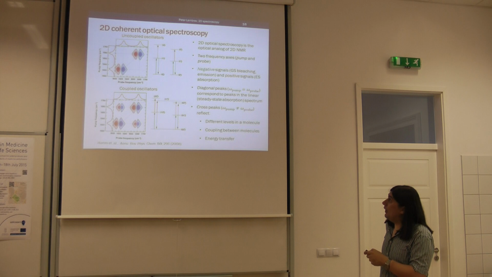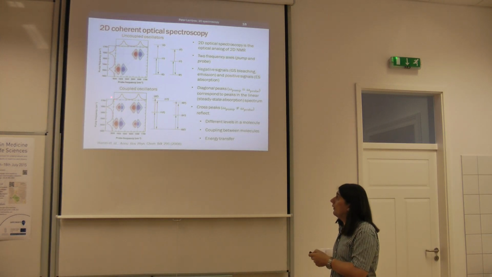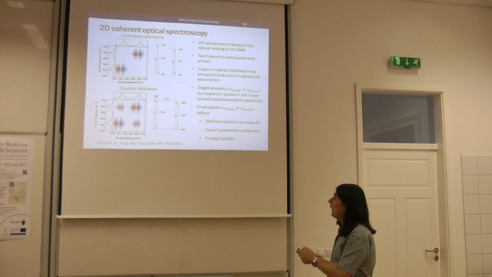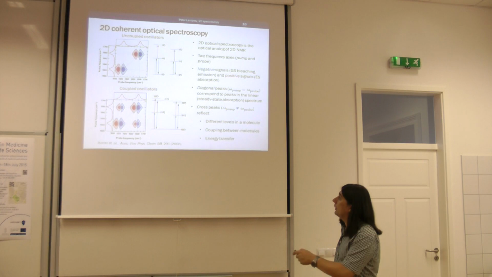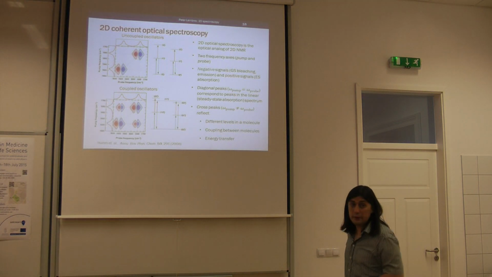However, if the two are talking to each other, if they are coupled, then you can pump at one frequency and probe at the frequency of the other, and you will see a cross peak or correlation. So the 2D signal is actually a two-point correlation plot. Correlation between two coupled frequencies.